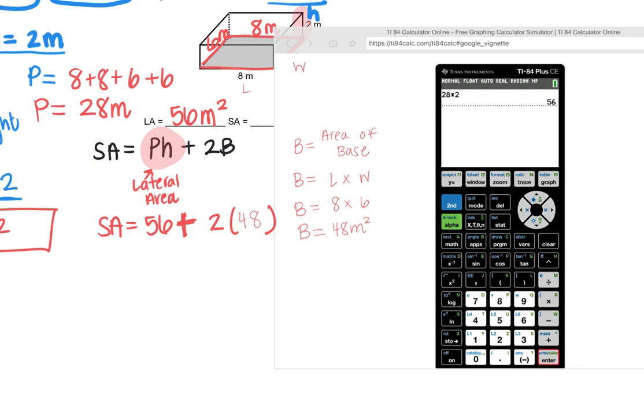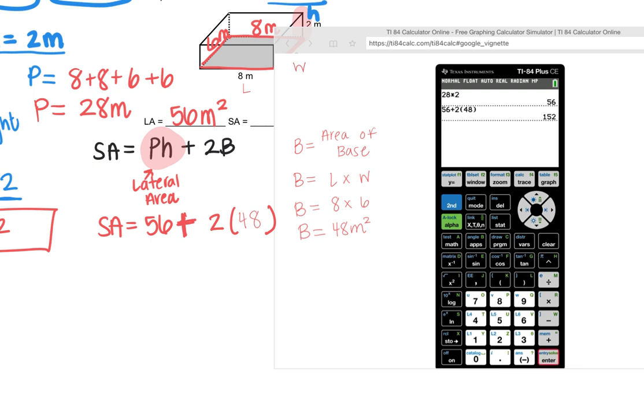Okay, so 56 plus 2. And I'm literally going to put my parentheses. Okay, please put your parentheses. It's telling the calculator that 2 and 48 are multiplying, which is what's happening in your formula. So I get 152.